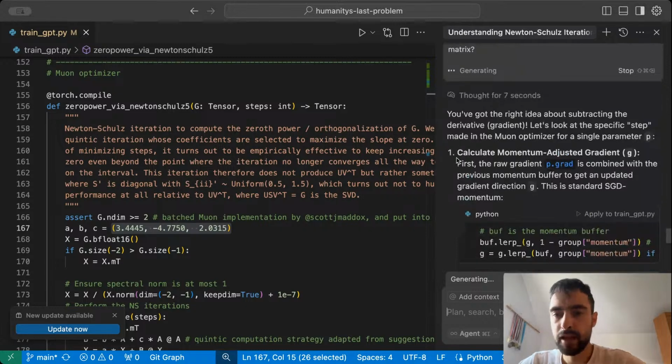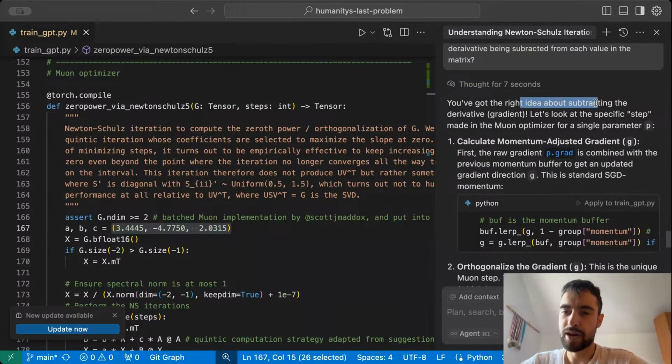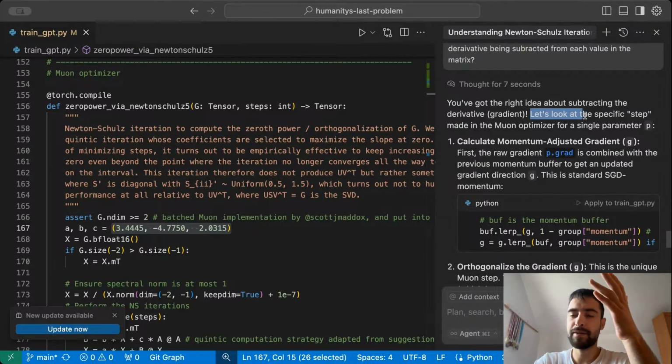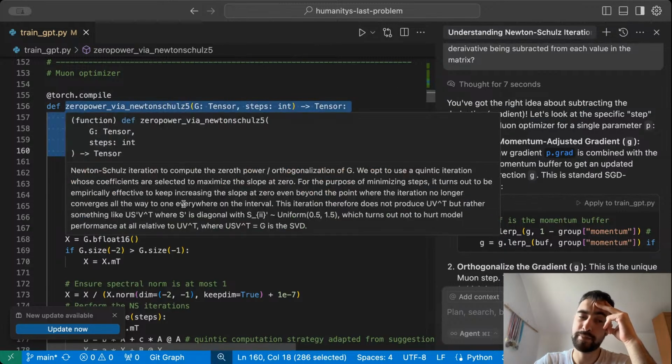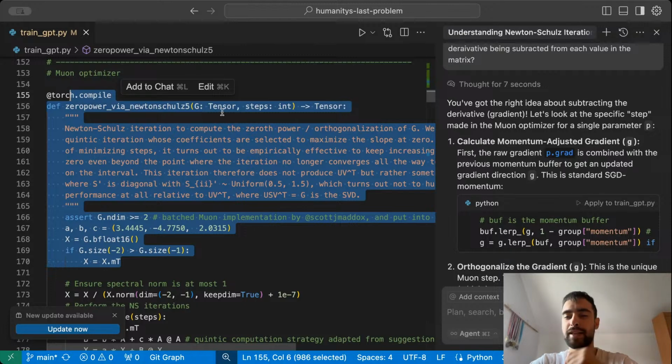Okay. You've got the right idea about subtracting the derivative or gradient. Let's look at the specific step made in the Muon optimizer for a single parameter p, but I don't think I'm asking about the Muon optimizer, because I think this is happening before the optimization. This is just converting the matrices to orthogonal. I don't know, let's see.